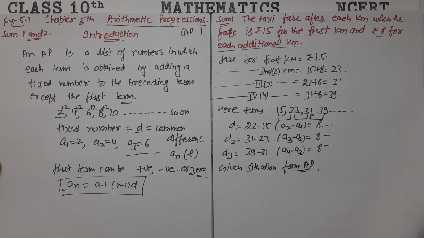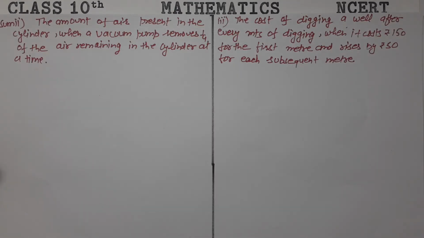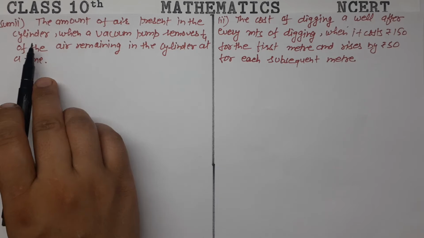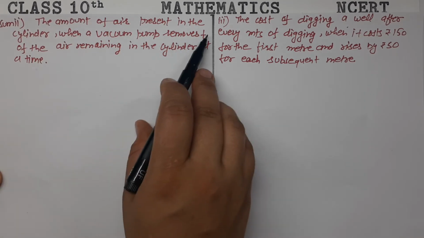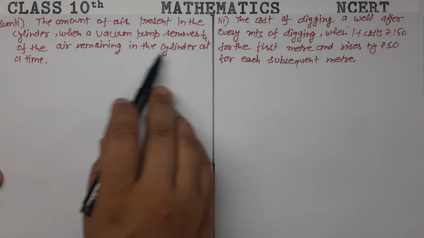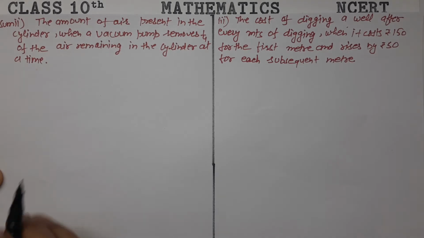Now the next is part second. The amount of air present in the cylinder when a vacuum pump removes 1/4 of the air remaining in the cylinder at a time.